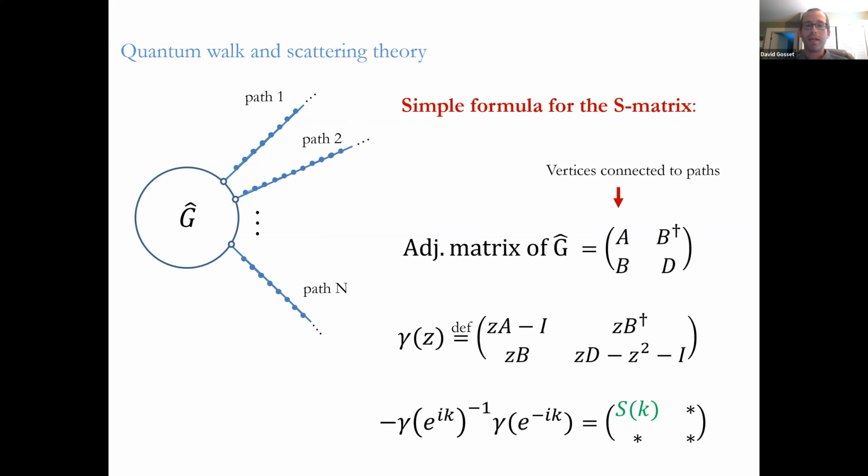I think it's clear that if I give you a graph, you can compute the S matrix. What's not clear is, suppose you want a graph that achieves a desired kind of scattering behavior. How do you design a graph that does what you want? If I give you an S matrix, can you give me a graph?